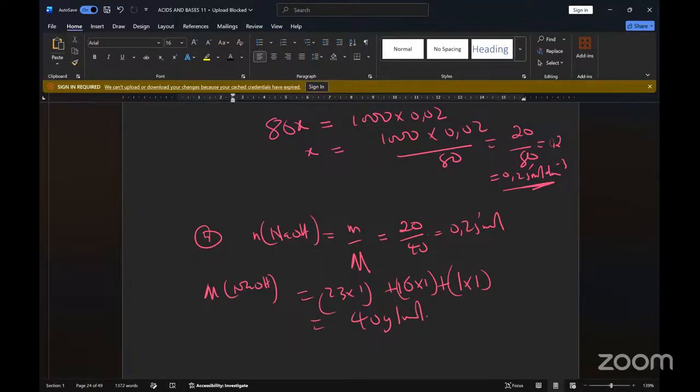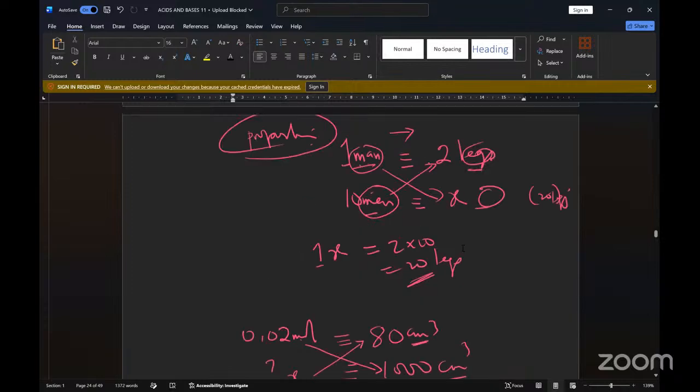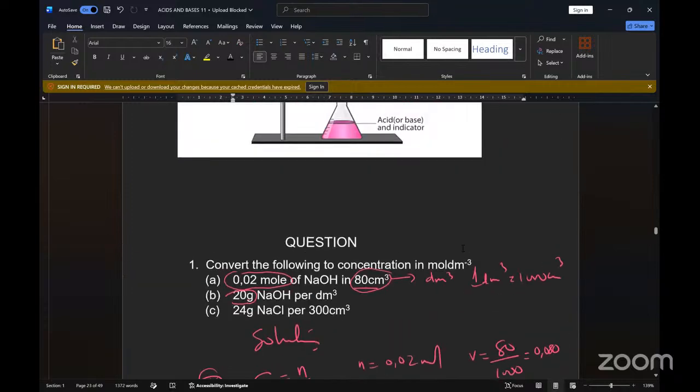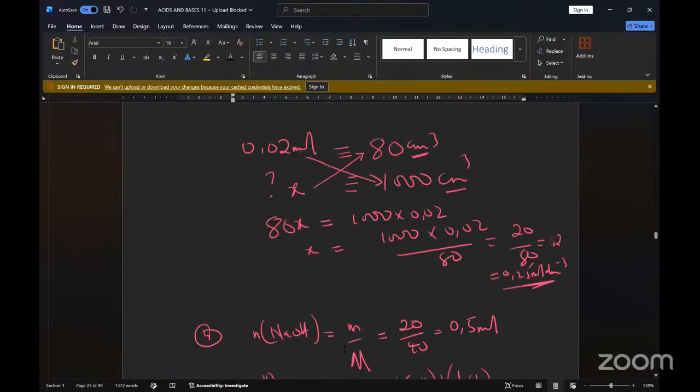Is it 0.25? No, it's not 0.25, it's 0.5, because I got 0.25 earlier and this is half of it. So it's actually 0.5 mole. Because this is already in decimeter cube, the number of moles is also equivalent to the concentration.